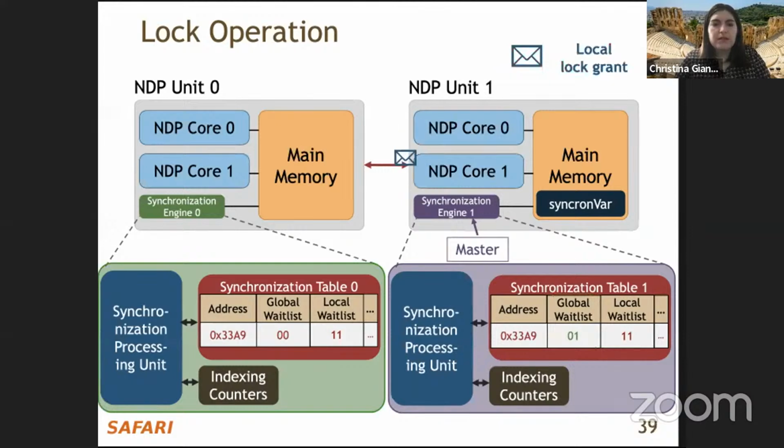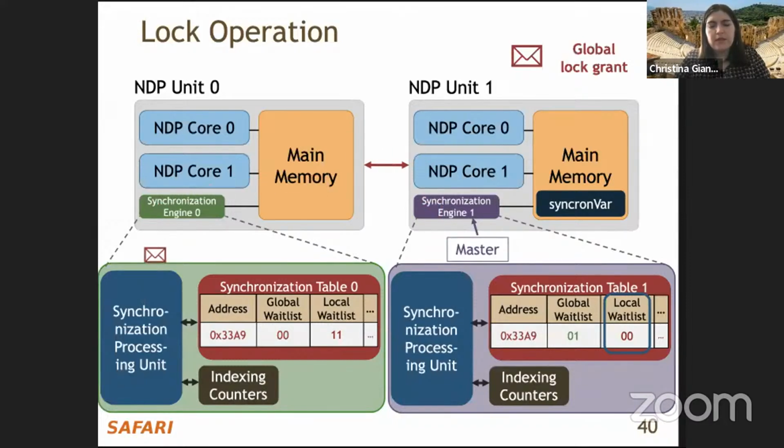Then the master synchronization engine serves the local NDP cores, granting the lock to the local NDP cores first, based on the local waiting list. And each time, whenever the service has been completed, it resets the corresponding bit in the local waiting list.